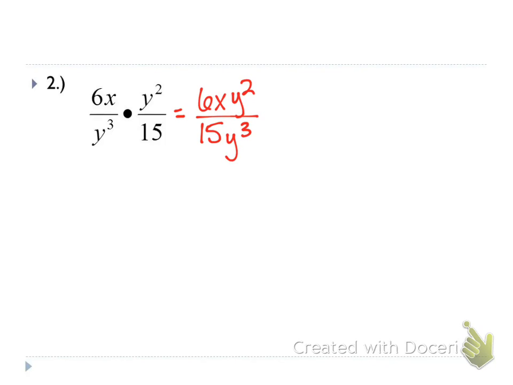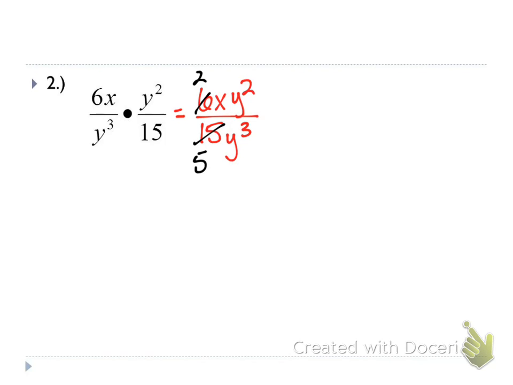Okay, I rearranged it a little bit in the denominator, but it still shows that these things are getting multiplied together in the numerator and in the denominator. Lexi, what's one thing that could reduce on this fraction? 6 and 15. Good. What would the 6 become? 2. And the 15? 5. Good.